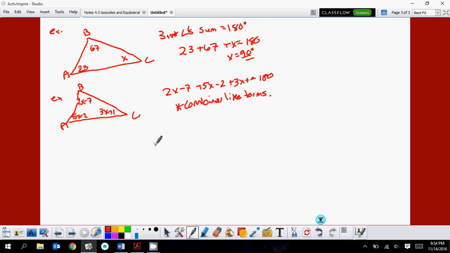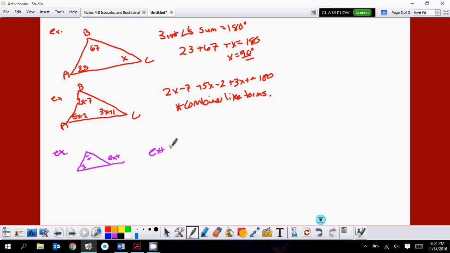Okay. The other thing you're dealing with with angles in a triangle, remember that if I were to have an exterior angle, so remember an exterior angle is a linear pair, so it's supplementary and adjacent to one of the interior angles, then it's going to be the sum of the two interior angles added together.